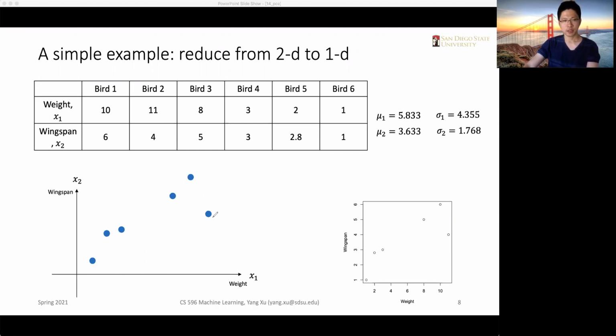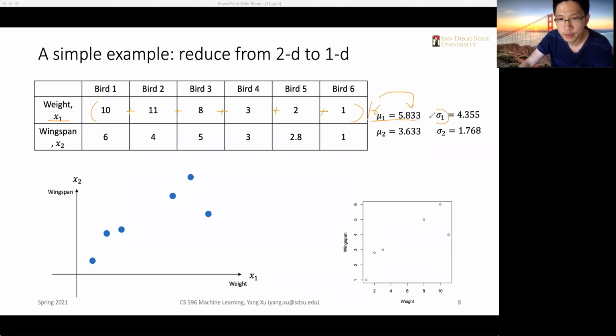With the raw data points, what we need to do first is compute the mean value for each feature. For the weight, we compute the mean by summing up all those weights, 10 plus 11 plus 8 plus 3 plus 2 plus 1, and then dividing by the number of points, which gives us a mean value here.